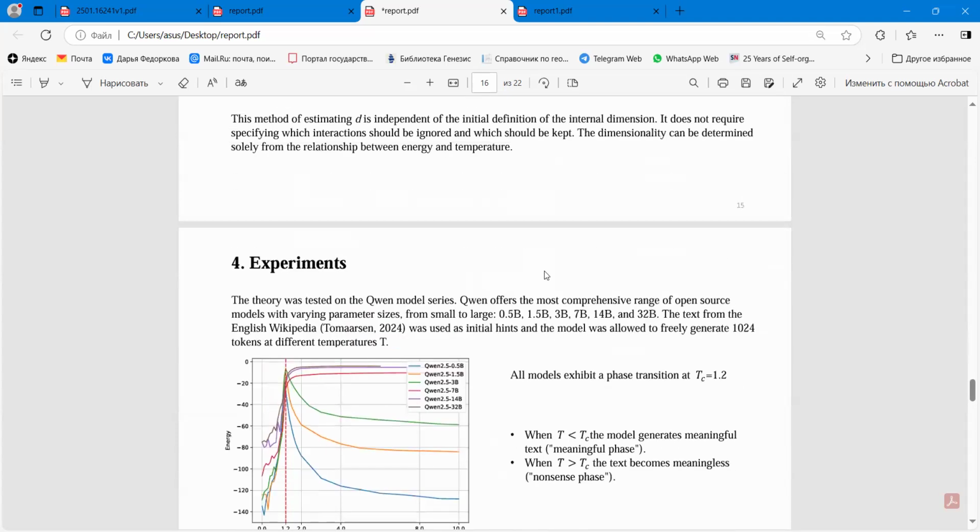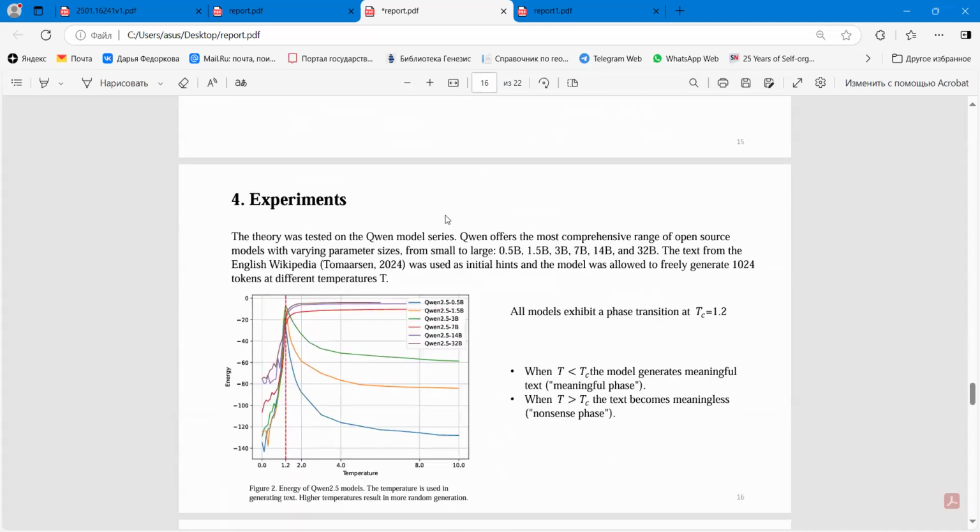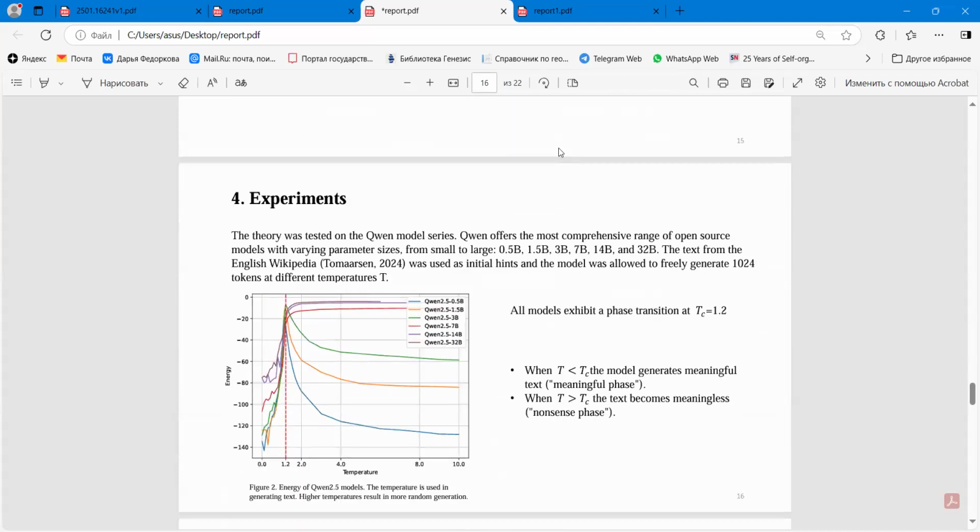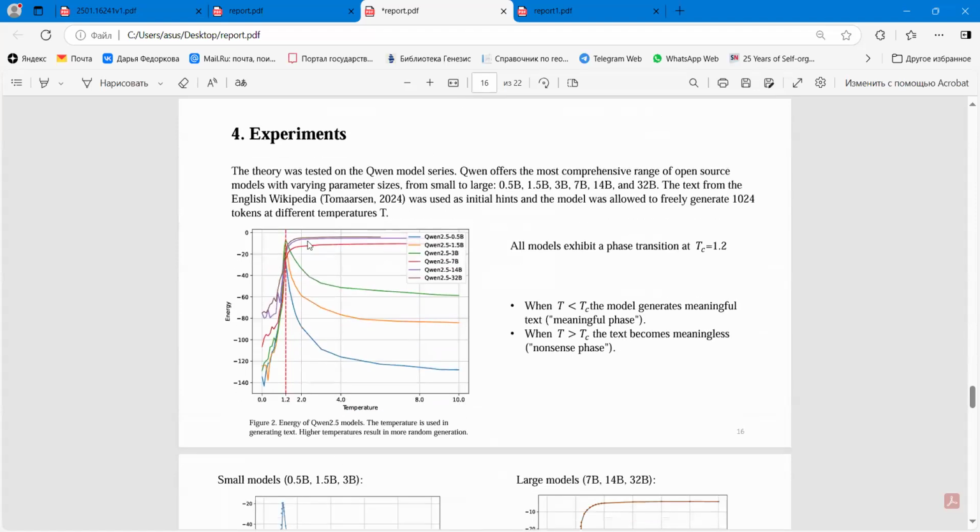Now we can discuss the results. The first graph represents the dependencies between energy and temperature, and of course this theory was tested on the Qwen model series, from small to large parameter size, from 0.5 to 32 billion parameters.